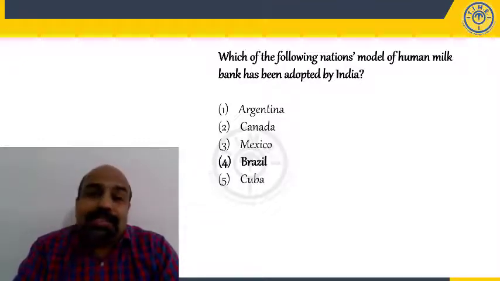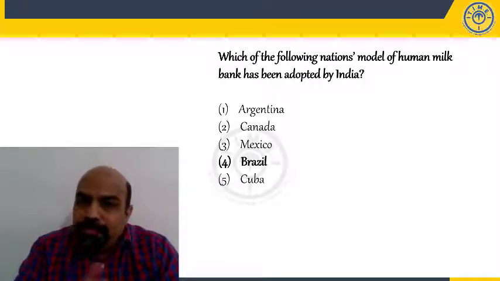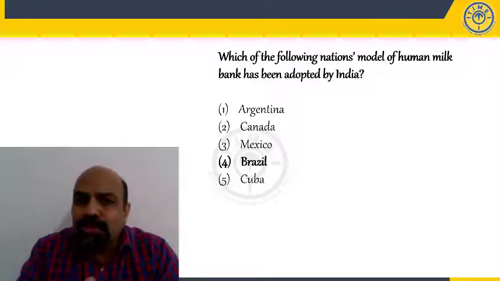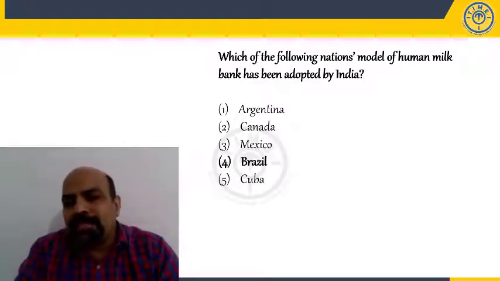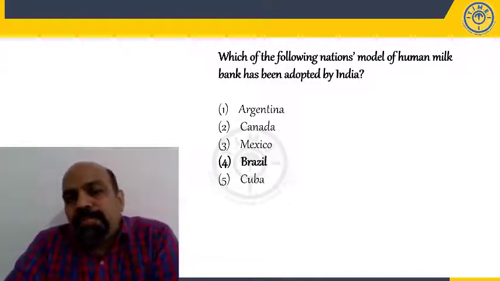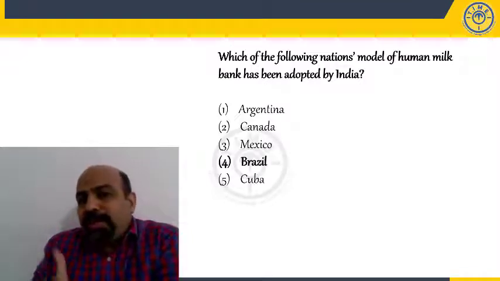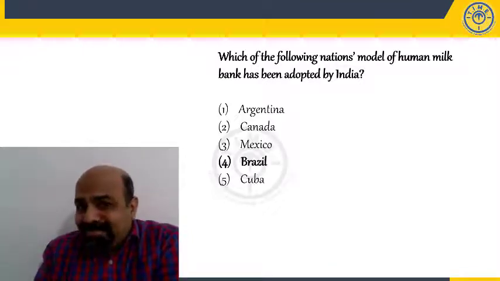Because sometimes the baby could be premature, born before the term ends, before the due date. In which case the baby will be taken to an intensive care unit, away from the mother, so the mother cannot feed the baby.